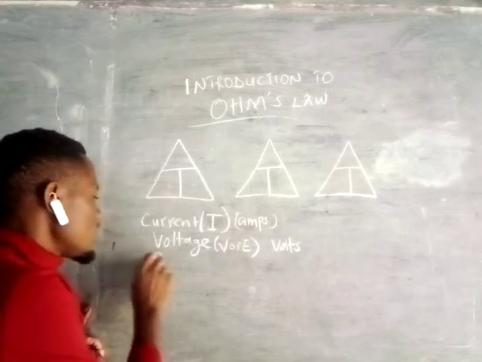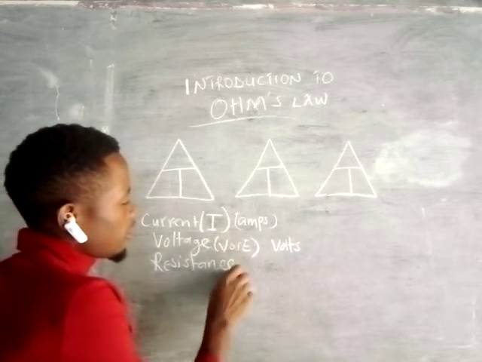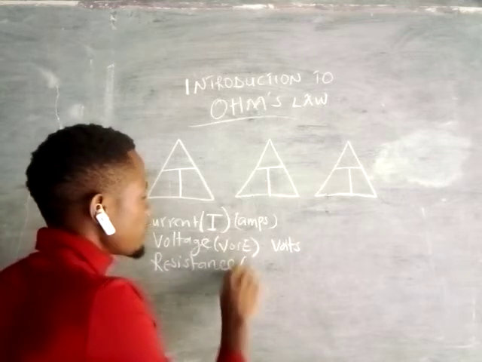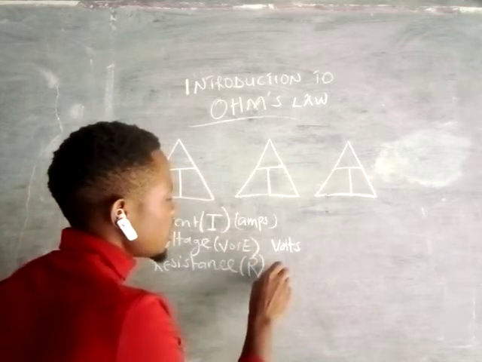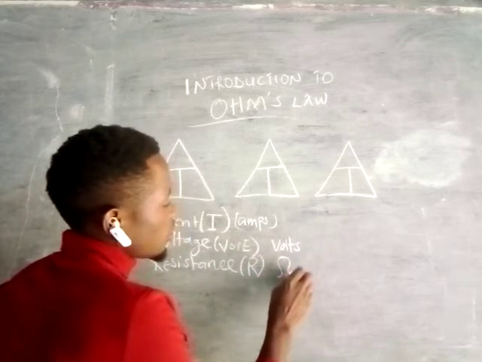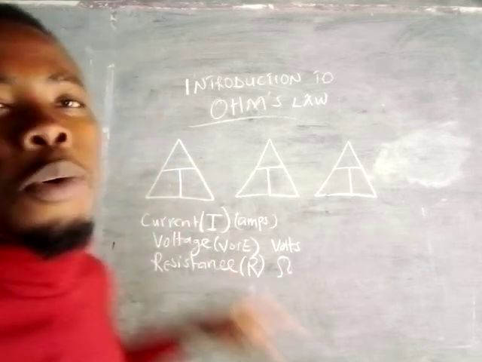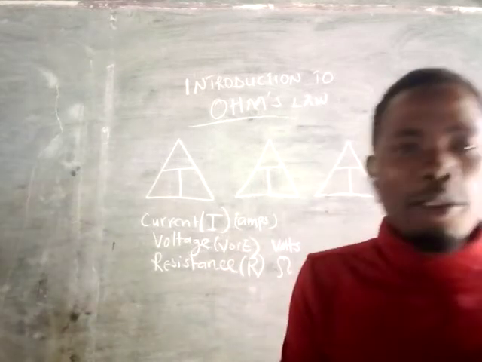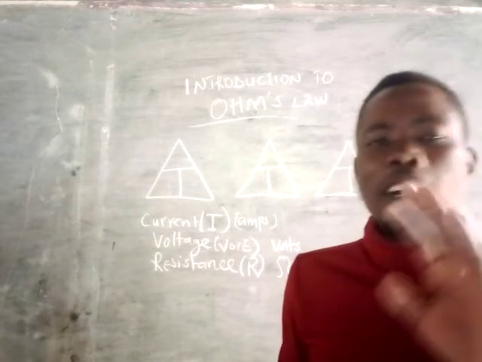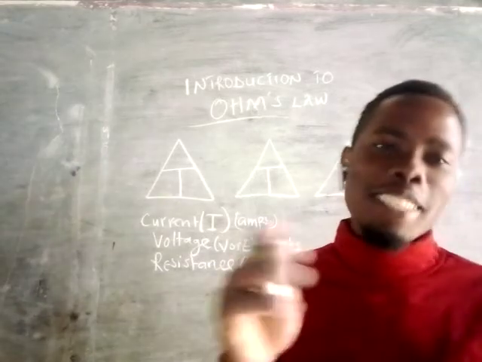Then resistance, represented by R, measured in ohms. You get it? With Ohm's law, you have to master current, voltage, resistance. Knowing those 3, electricity is done, or physics, whatever.